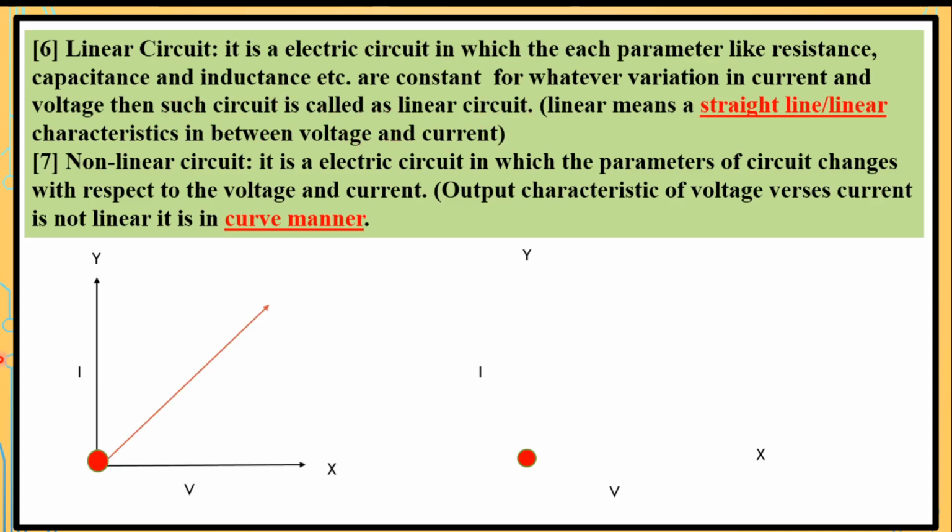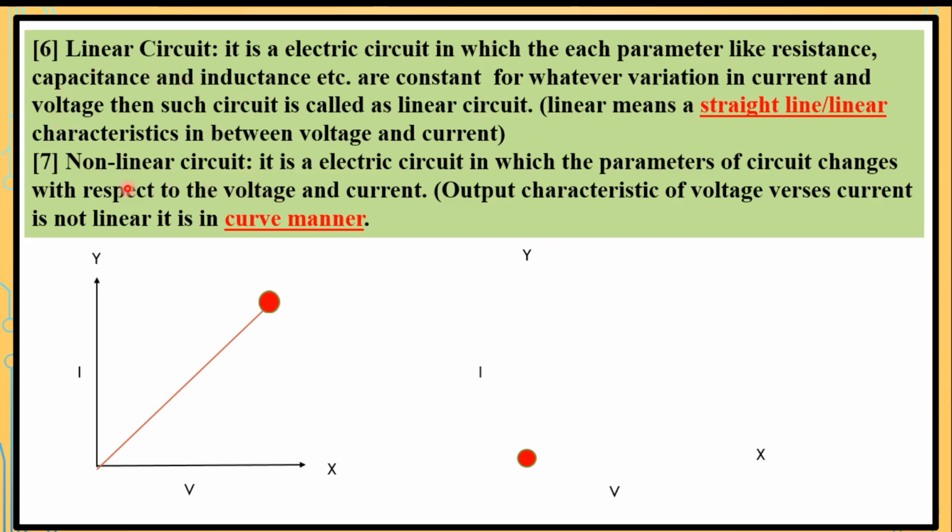Here on the x-axis we have considered the voltage, and on the y-axis the current. When the relation between voltage and current is a straight line, proportional, that circuit is called a linear circuit.